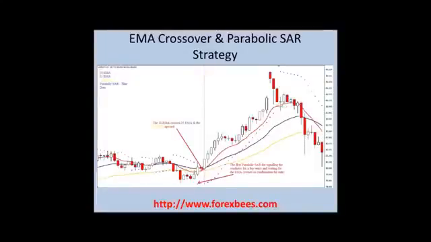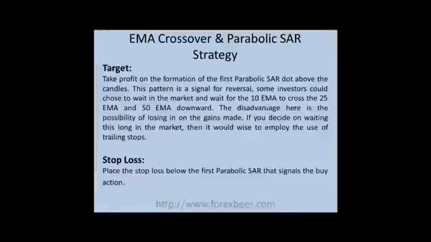But if you exit at this point where the first parabolic SAR dot formed above the candlestick, you can get until this much profit. So it really depends on you whether you want to exit when the first opposite parabolic SAR dot forms, or wait until the 10 EMA crosses the 25 EMA and 50 EMA. It is really up to you.